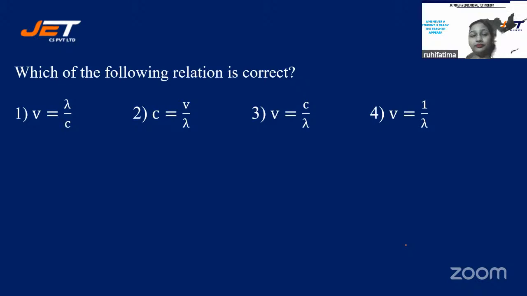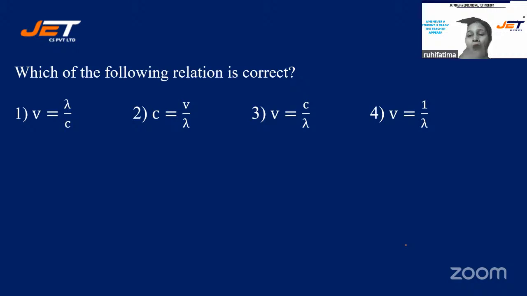Next question. Which of the following relations is correct? Your options are: number one, V is equal to lambda upon C. Option number two, C is equal to V upon lambda. Option number three, V is equal to C upon lambda.